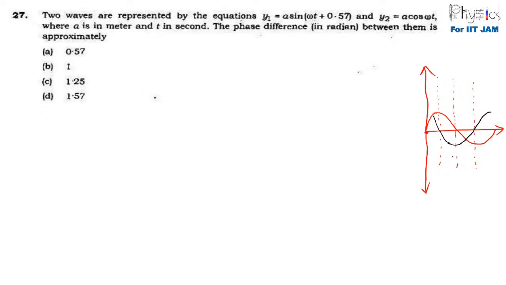So when sine is 0, cos is 1, right? So the phase difference between a cos wave and a sine wave is 90 degrees, right?